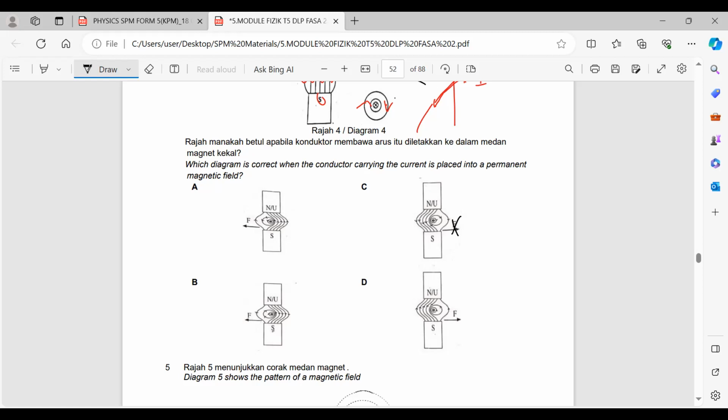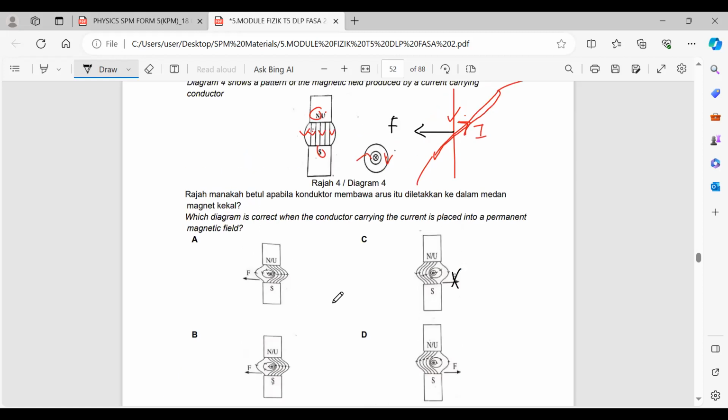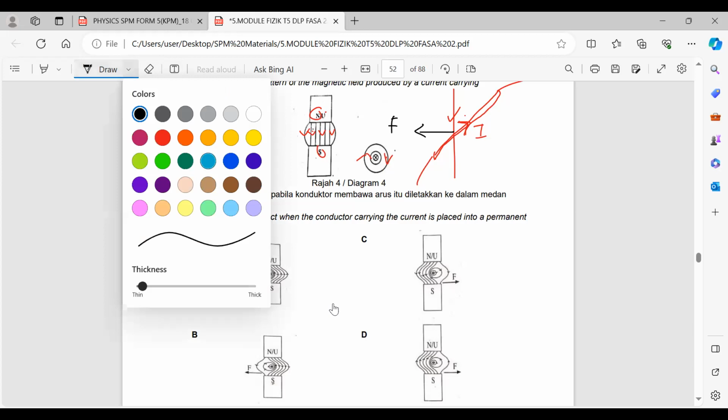Which diagram is correct when the conductor carrying a current is placed in the magnetic field? I see something different here. Here it is a cross, but here is a dot. If it is a dot, then the current is flowing out of the page.